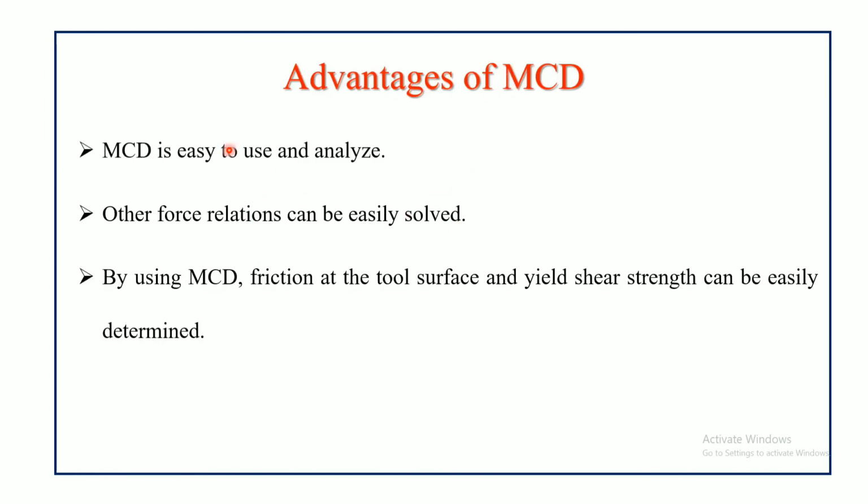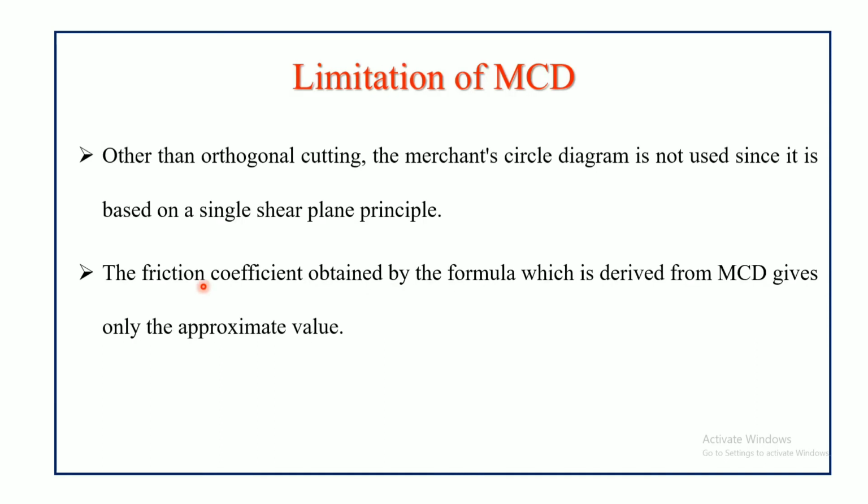Now the advantage of the Merchant circle diagram is that it is easy to use and we can derive the force relationships. We can also derive the friction force and shear strength with it.